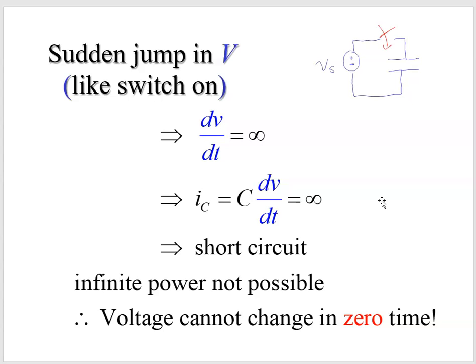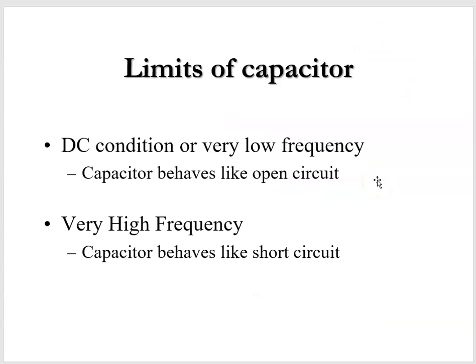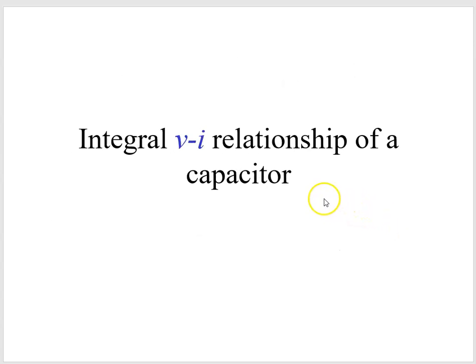So the key here is that dV/dt can't approach infinity, so the voltage can't change in 0 time. However, the boundary conditions: at DC, very low frequency, the capacitor behaves like an open circuit. At very high frequency, it behaves like a short circuit.